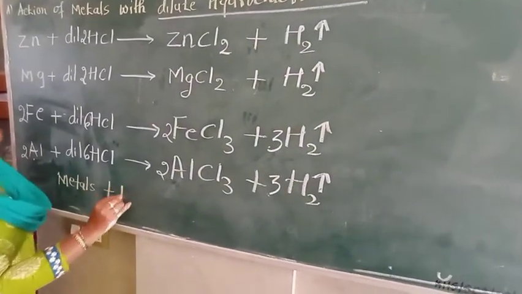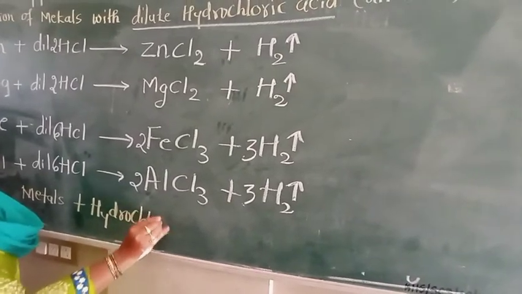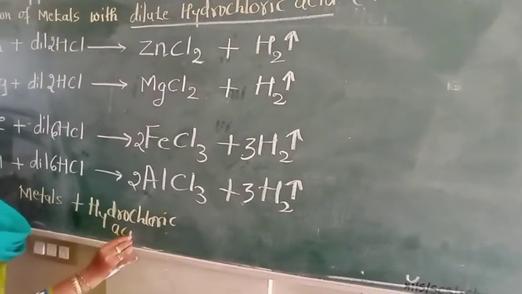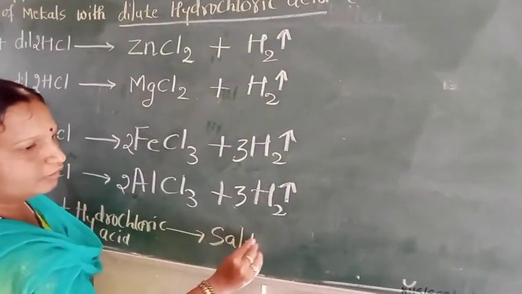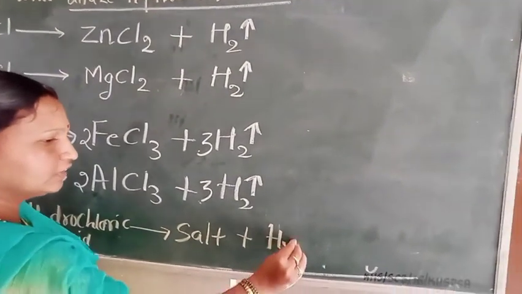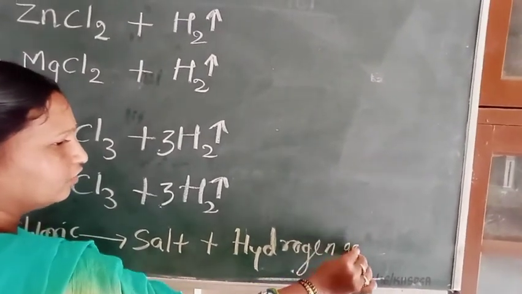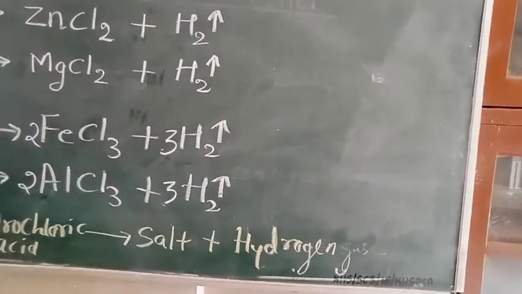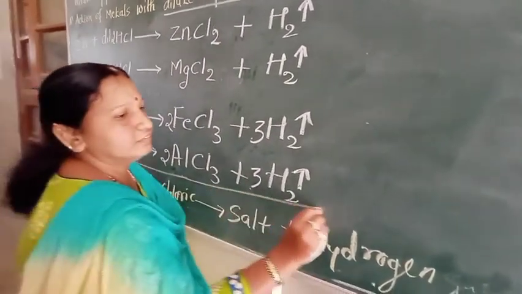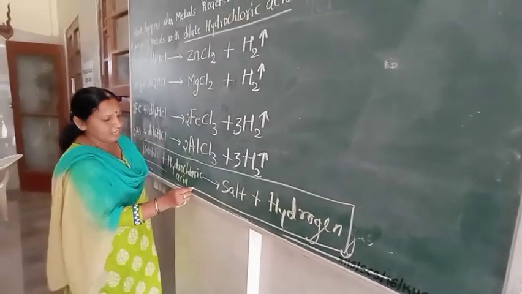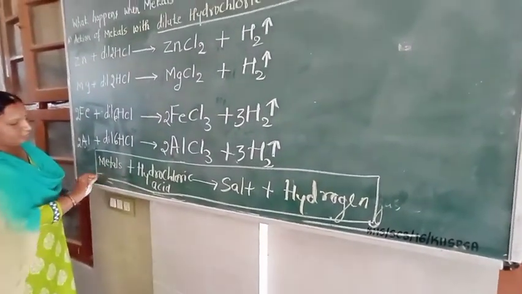So the final result we are going to write here is metals plus hydrochloric acid gives rise to salt plus hydrogen gas. So this is the final conclusion. In some cases the reaction is very vigorous, and in some cases the reaction is a little bit slow.